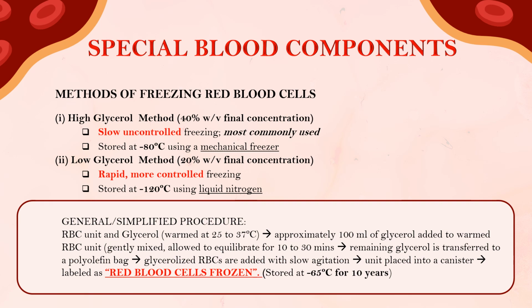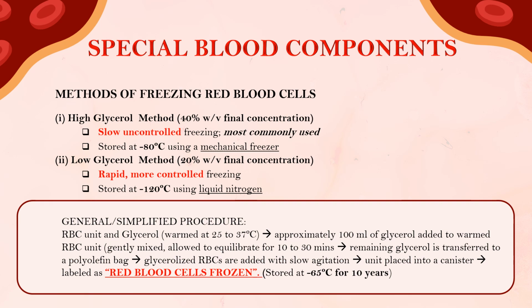So we have here the simplified general procedure of a frozen RBC unit. Your RBC unit and glycerol are each warmed to 25 to 37 degrees centigrade, and approximately 100 ml of glycerol is added to the warmed RBC unit by gently mixing, then allowed to equilibrate undisturbed for about 10 to 30 minutes.